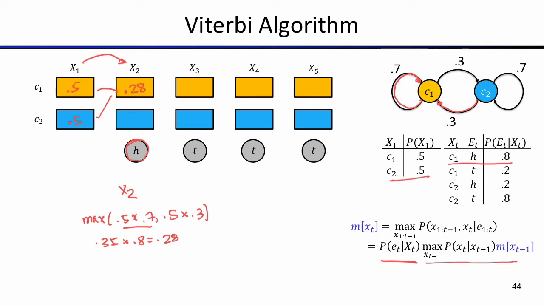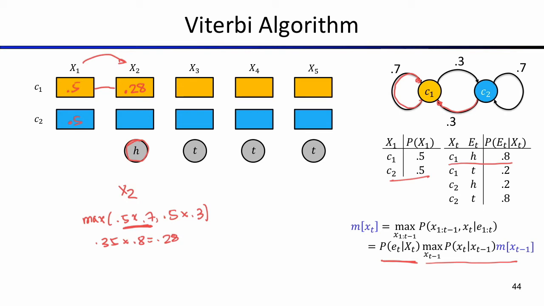And it's going to be good to take note of where we came from, right? So in this case, we came from here. What it means is that we took this maximum here that was corresponding to staying with the coin C1. So we started with C1 and we kept C1 in the second time step.